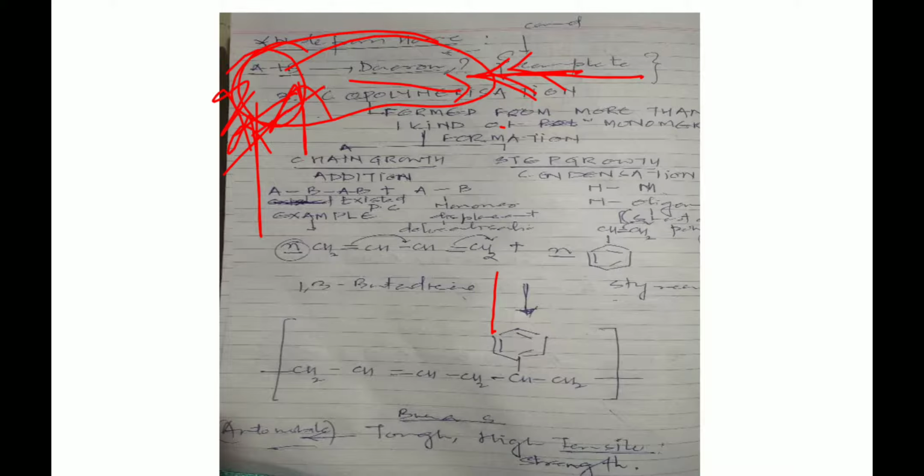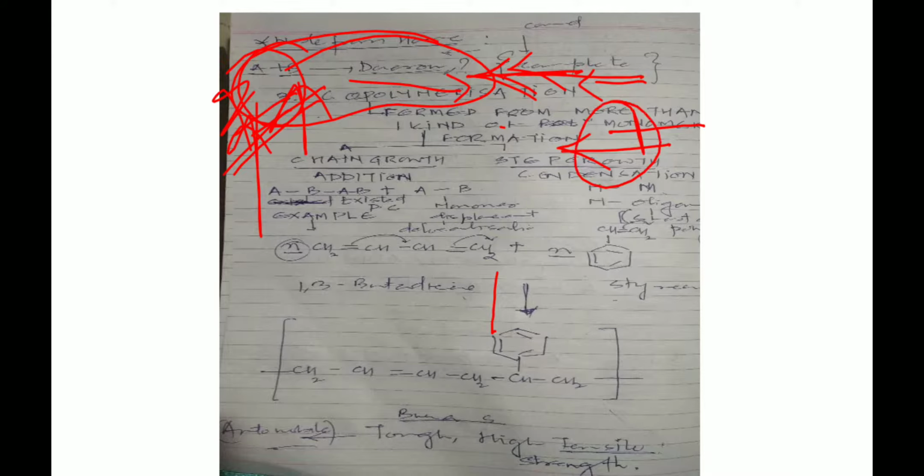And the third is copolymerization, right? Copolymerization is similar, one of the processes in which monomers combine to form polymers. But here more than one kind of monomer is involved.